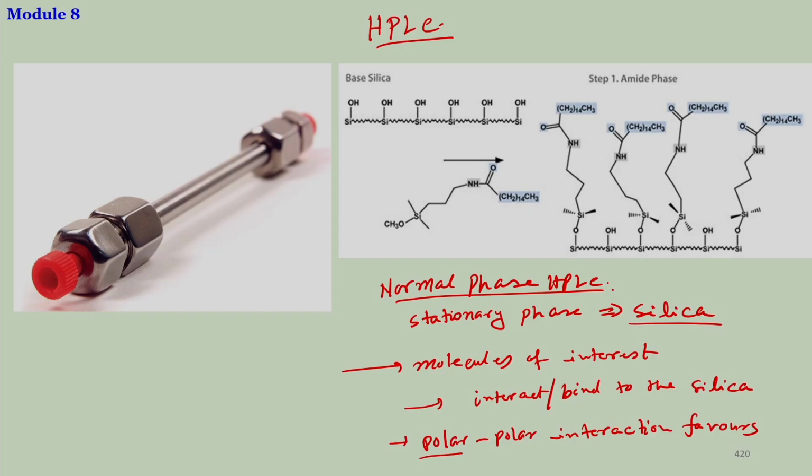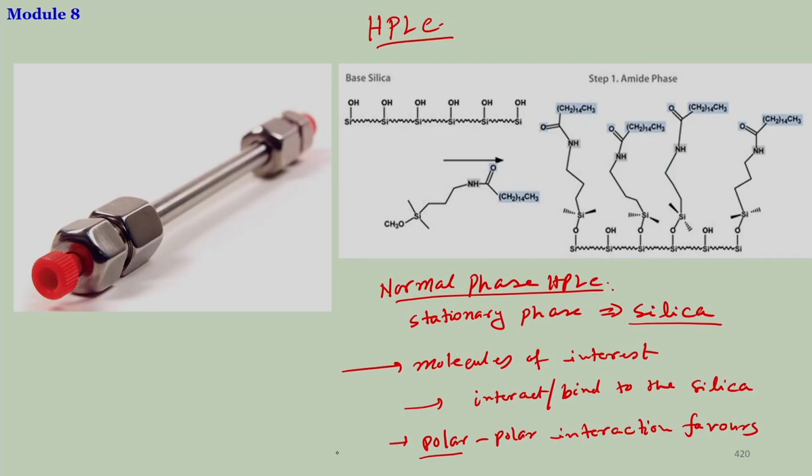So if you have a number of molecules with different polarity, and you inject them in the normal phase HPLC column, then according to their polarity difference, their binding affinity or binding constant with the silica would be different. After that you now send the mobile phase. Since this is a polar-polar interaction, what kind of mobile phase will you need?